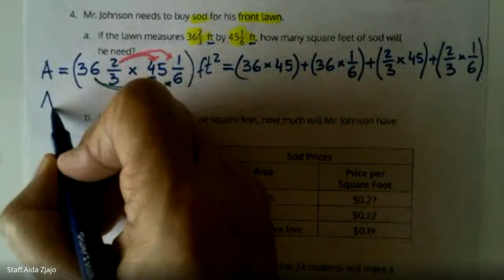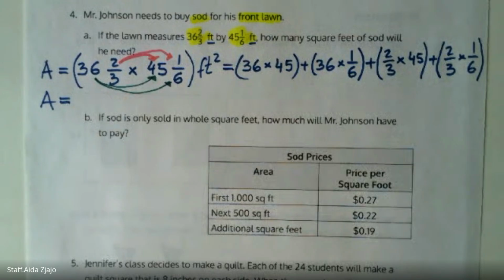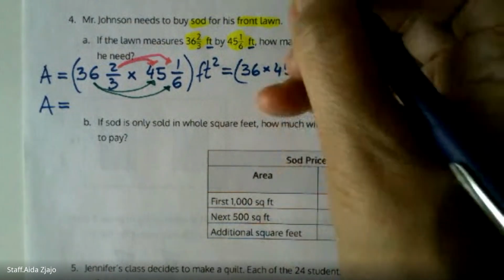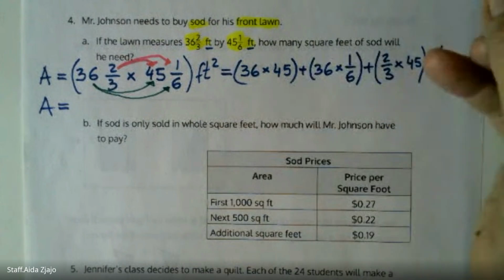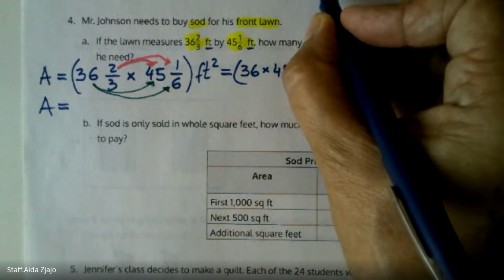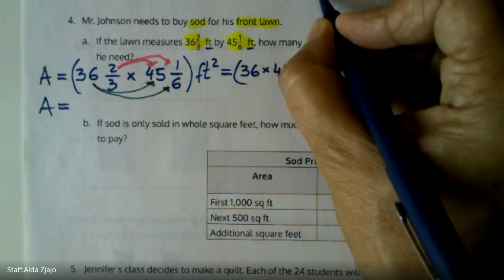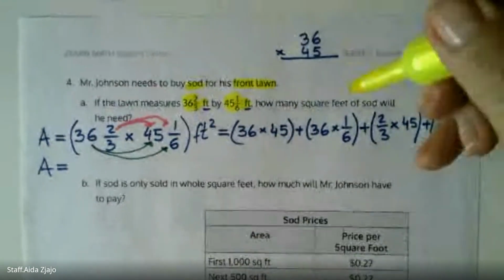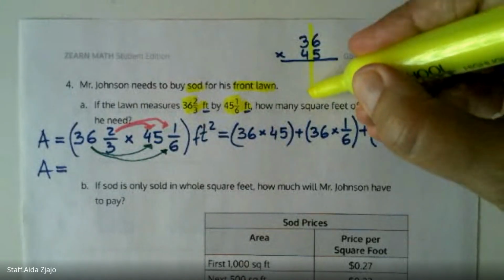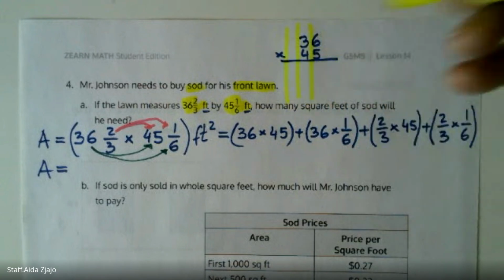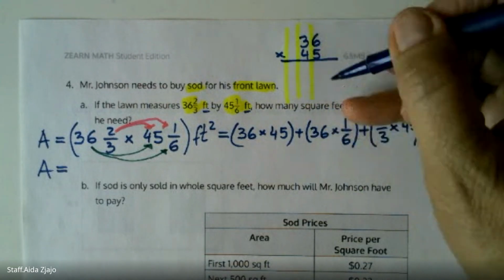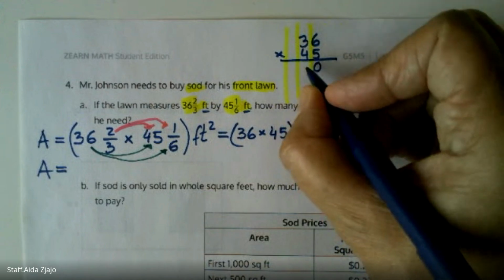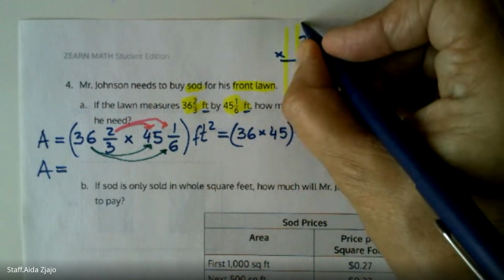So I'm going to do area equals 36 times 45. You can use the standard algorithm. So let's do 36 times 45. I like to make these lines because it helps me to be nice and clean. 6 times 5 is 30. 0, instead of writing 3 here, I'm going to add there.